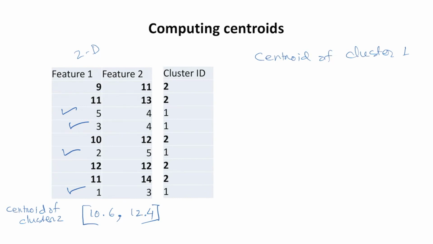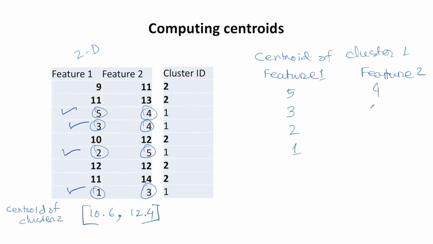To compute the average of feature 1, we will have to take the numbers 5, 3, 2, and 1. To compute the average of feature 2, we'll have to take the numbers 4, 4, 5, and 3.